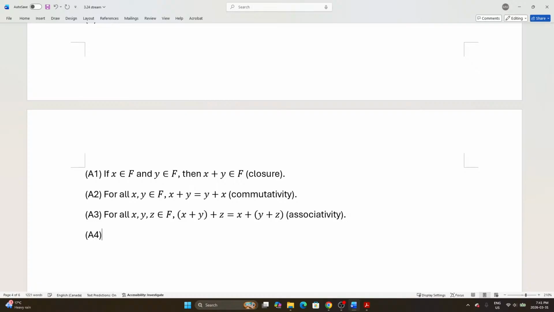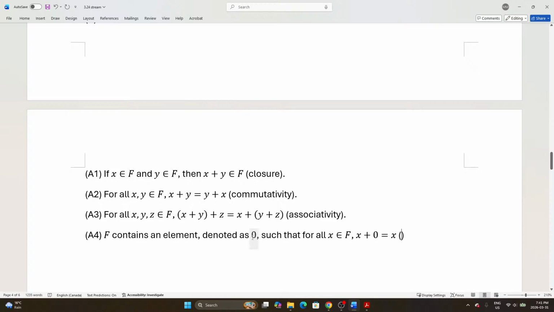A4. We need something called a zero. So what is a zero in a field? The zero is called the additive identity. F contains an element denoted as 0, such that for all x in F, x plus 0 is just x.